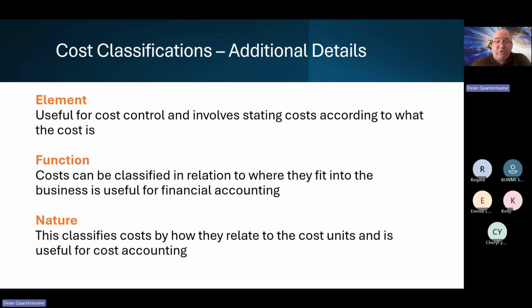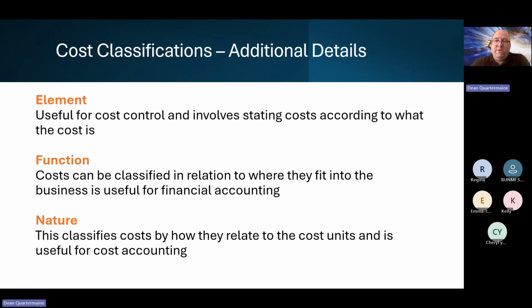Cost classification by function is massively useful for financial accounting. If you think about financial accounting, that is how we classify cost. Where do they fit in the business? Are they related to production? So are the cost part of your cost of sales, or are they other expenses, i.e., non-production cost?